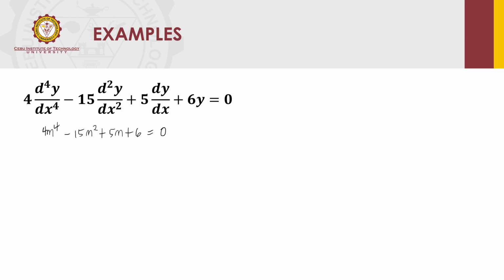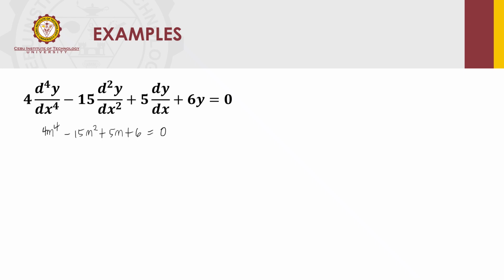Using the concept of finding the roots by assuming some divisors, based on the factors of the last term of your equation, the factors of 6. We can have positive negative 1, positive negative 6, positive negative 2, positive negative 3. By using synthetic division, we can make the solutions shorter.